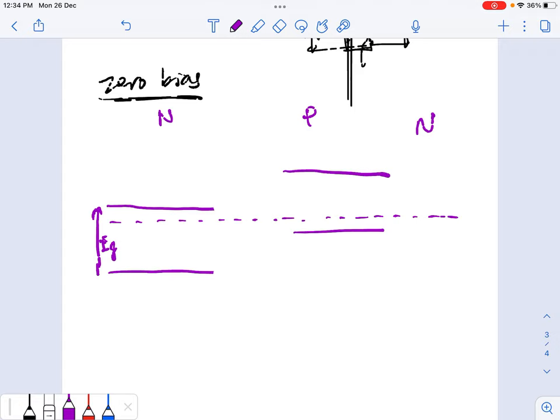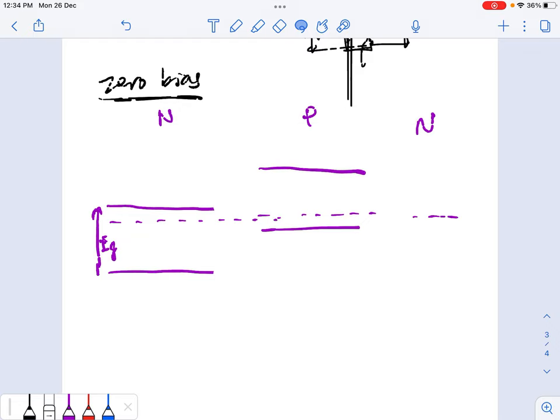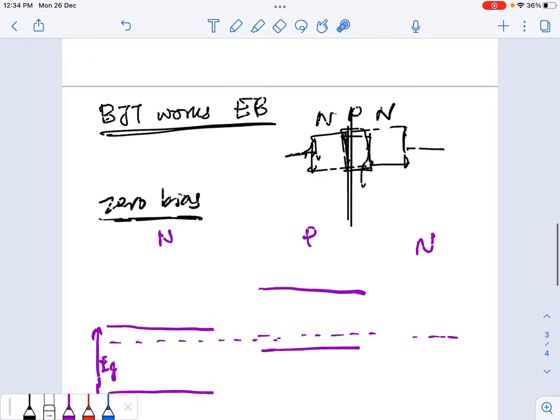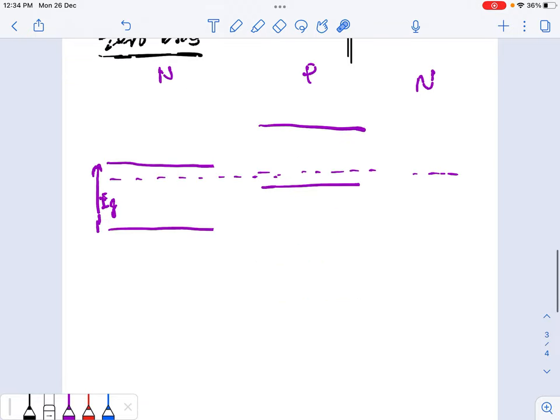Again, the energy band diagram is the same. And then finally, the other side here is the N, which is similar to this one. Therefore, we'll just copy this and paste it over here to this side.